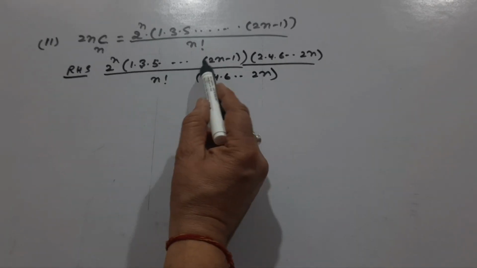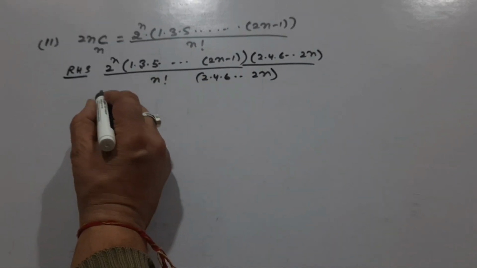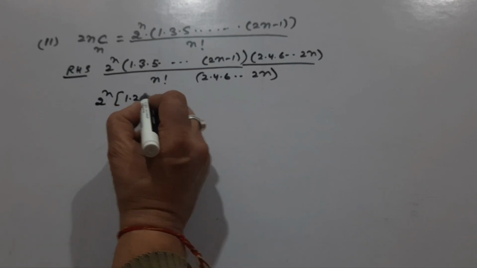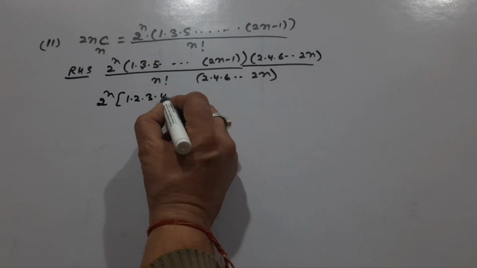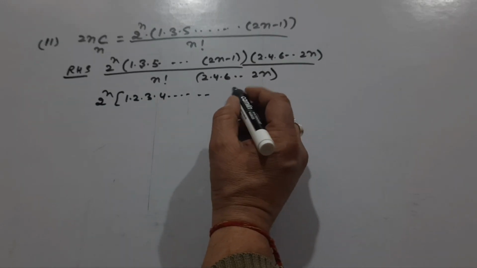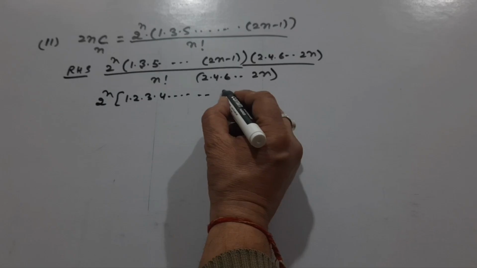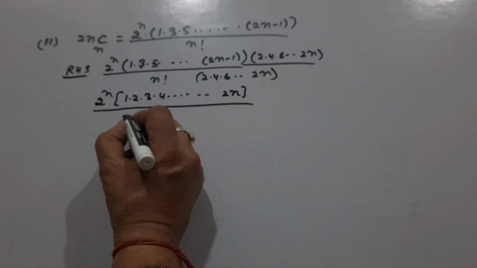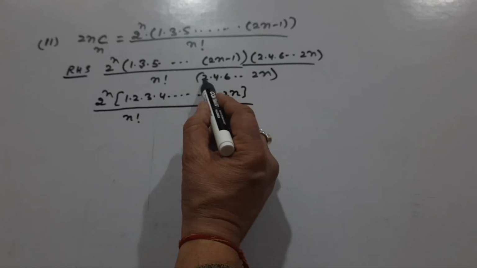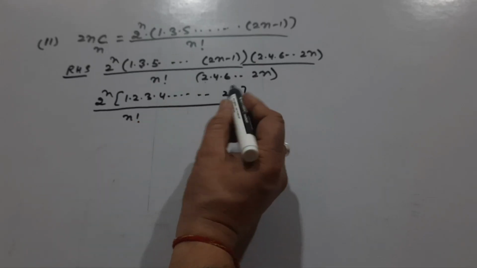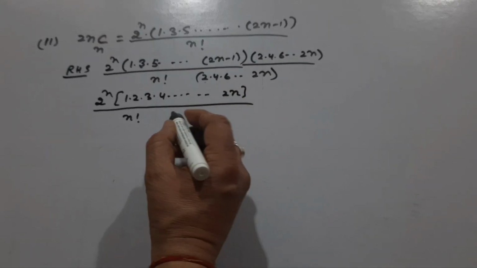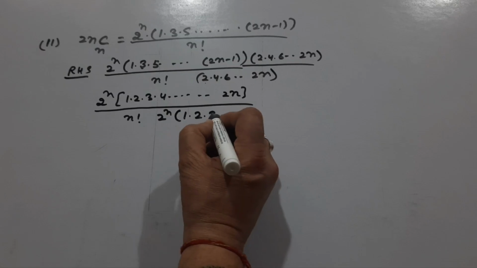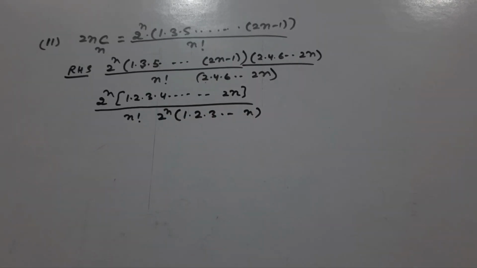Now students, these are the odd numbers and these are the even numbers, so we combine them. We write like this: 1·2·3·4 up to 2n upon n factorial. Now here we have 2·4·6 up to n terms, so taking 2 common, we get 2 power n into 1·2·3 up to n.